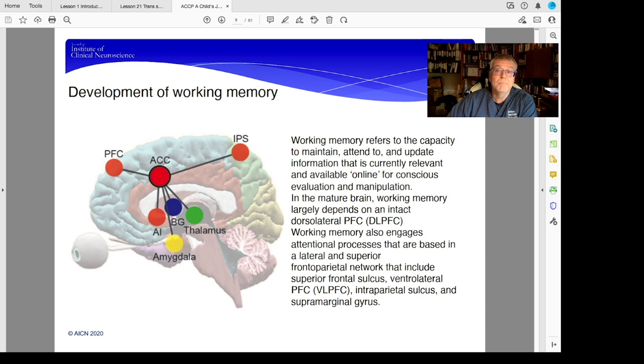So we can see here that, again, this is a network, and this network is necessary for components of attention and components of working memory, and how we activate working memory, and how we bring memories together cognitively that we can use now to determine how to respond to a situation, and to also determine how much of our attention we're going to allow to be focused on one thing or another.